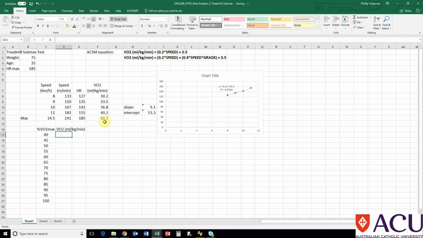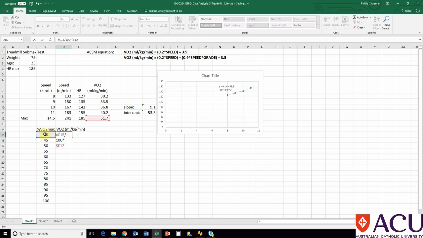And we know that that's going to be 51.7, so it's just simply 40% of this number, 51.7. So there's the 40 divided by 100 to make it a fraction, times our percent VO2. So our VO2 max, I should say.